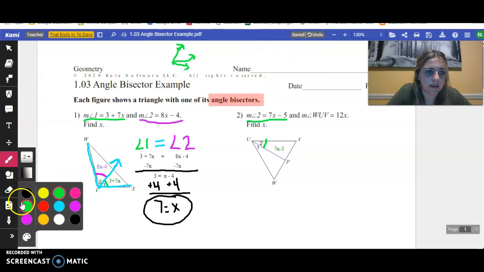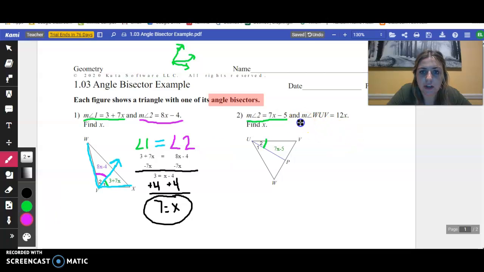So if I'm going to outline W to U to V, that equals 12x.